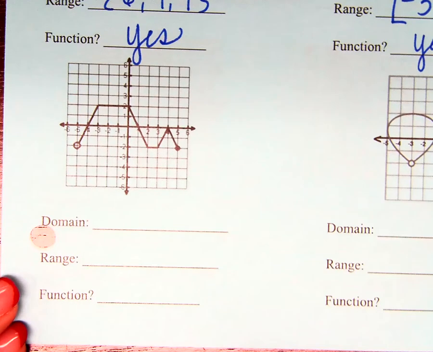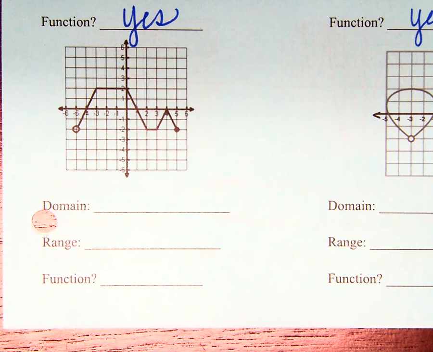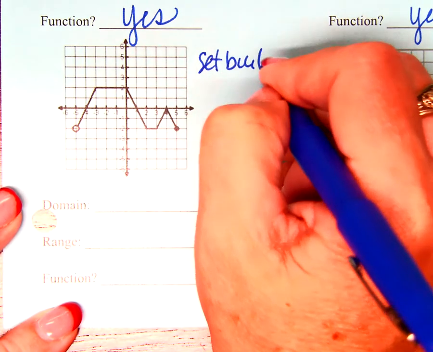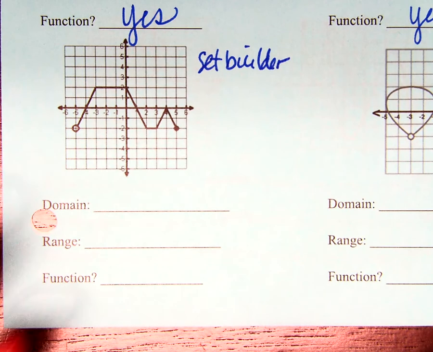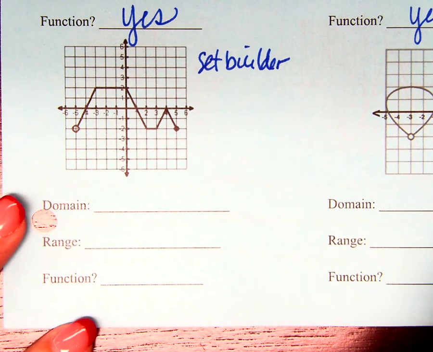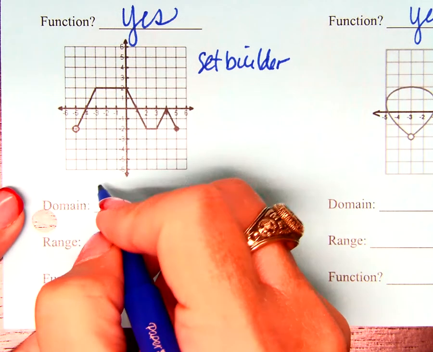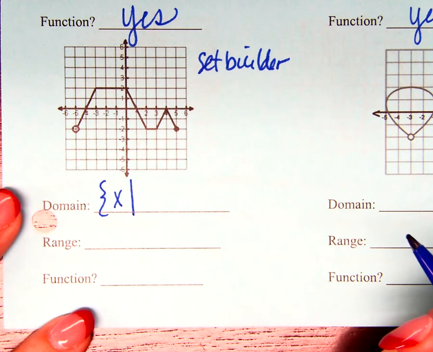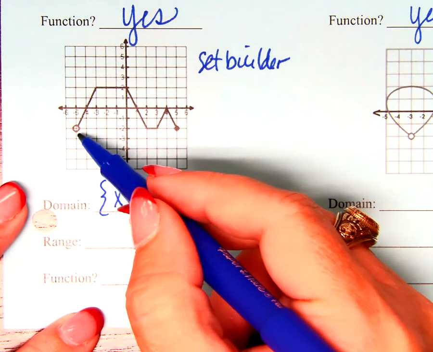All right, look at this strange thing. We can do interval again. Most of you seem to like interval the best. So you want to do set builder? Set builder. I put the dot on the wrong one. Sorry about that. What's my domain? X such that. How low does it go?